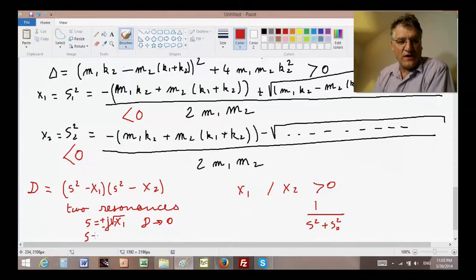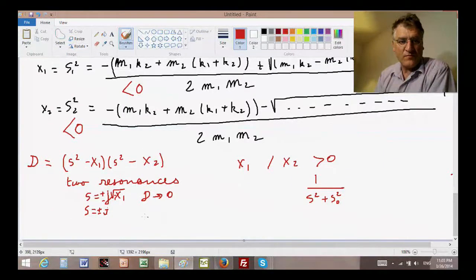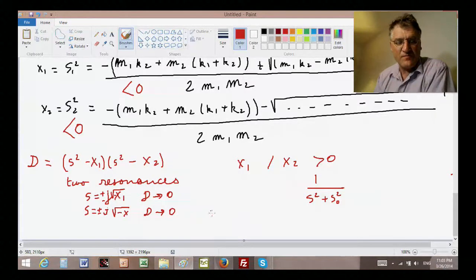This is also true when s is plus or minus j times square root of minus x2. D also goes to 0.